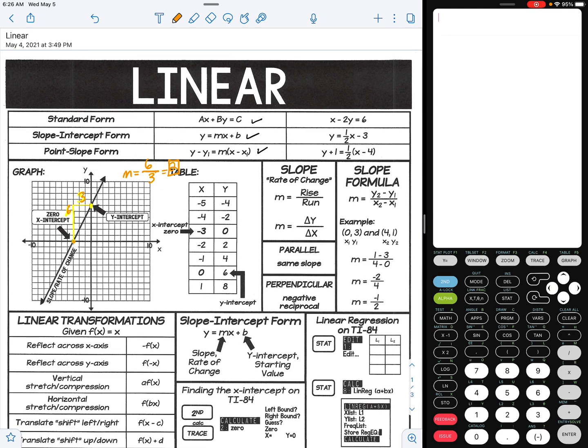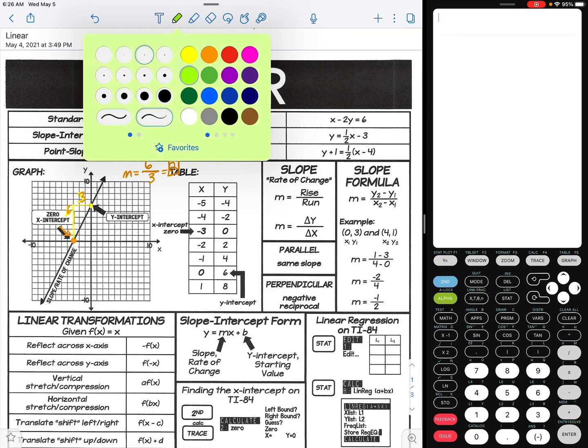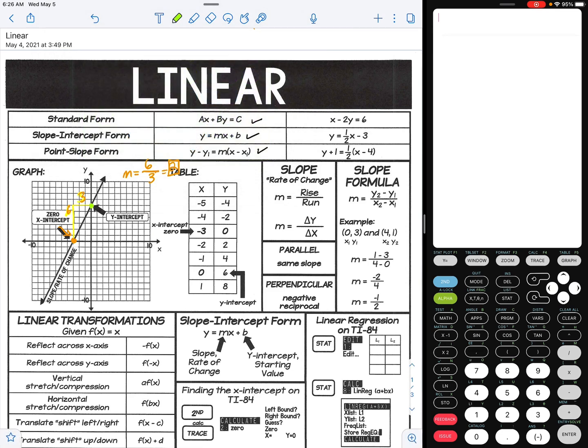Now, if we look here, it says, hey, this is the x-intercept because it's the point where the graph crosses this x-axis. And then it says, oh, wait, this is the y-intercept because it is the point where the graph crosses this y-axis, right?